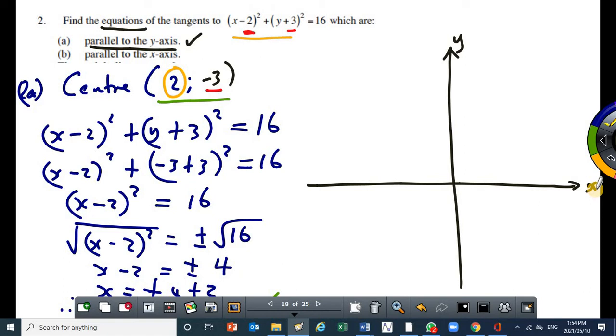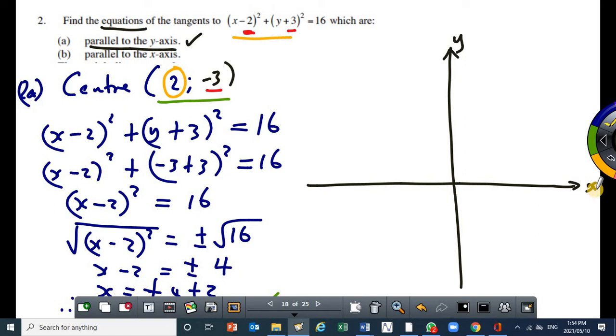Remember, I've been telling you since I started the topic last week and before I started: refresh yourself, go over your grade 11 work. And I even sent you those e-books. So you should have gone over your parallel lines, your perpendicular lines, and so on. So if the tangent is parallel to the y-axis, it means that tangent does not have a gradient.